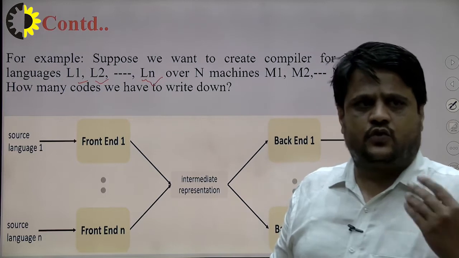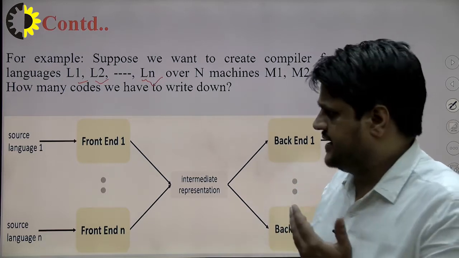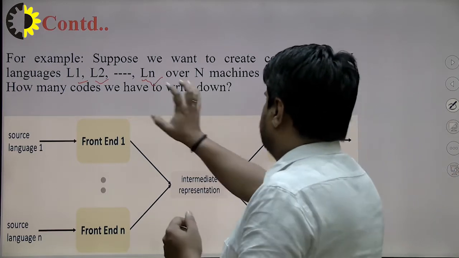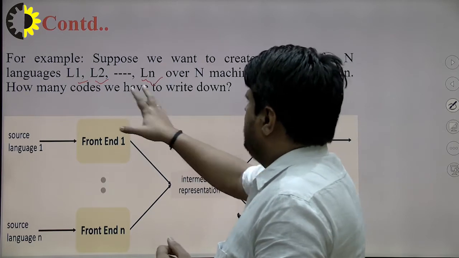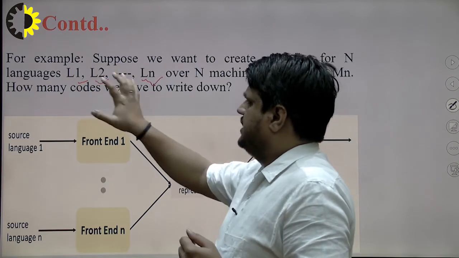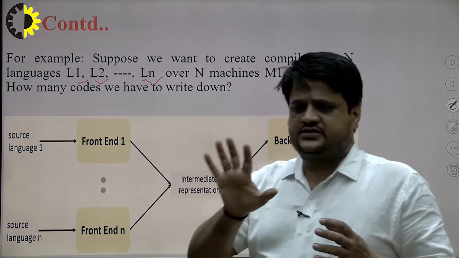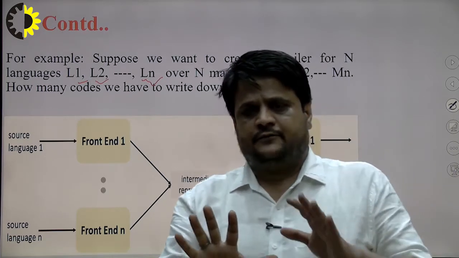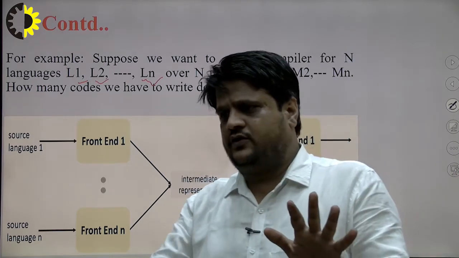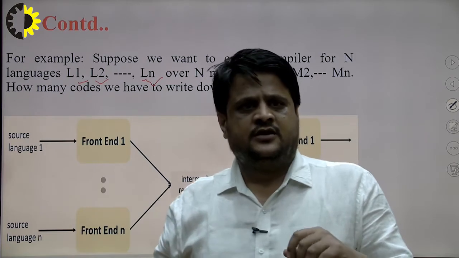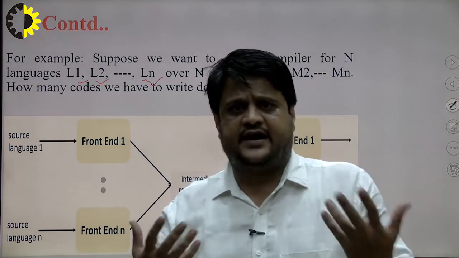How many codes do we have to write? You can think of this. We want to create compilers for n languages over n machines. So how many codes do you have to write?